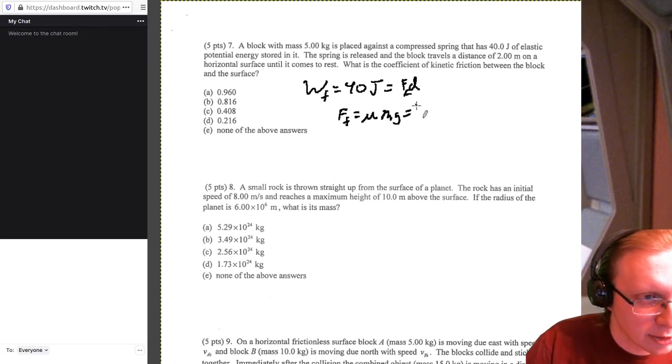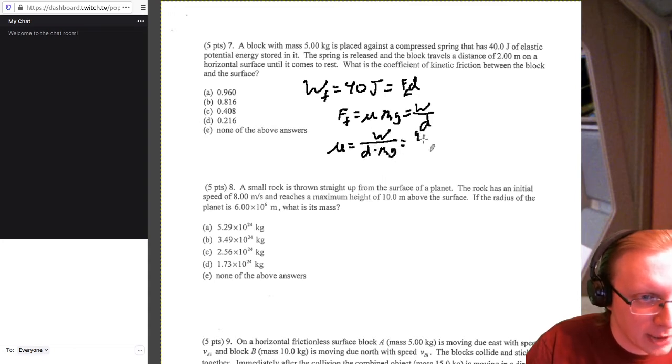Work done here, and then so we end up with mu is equal to the work divided by distance times force of gravity.